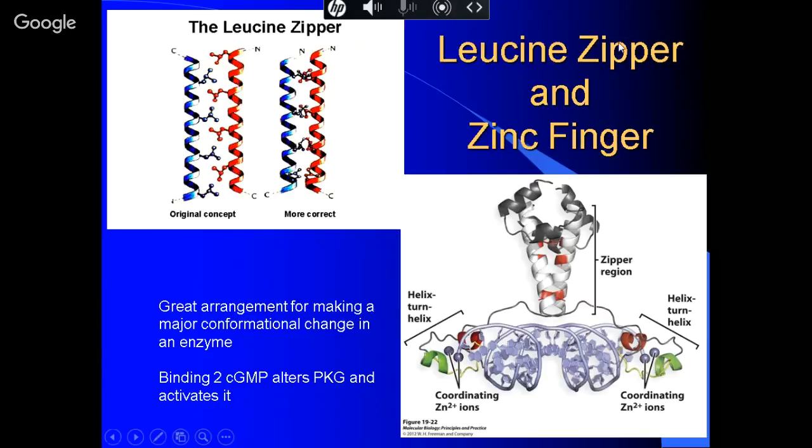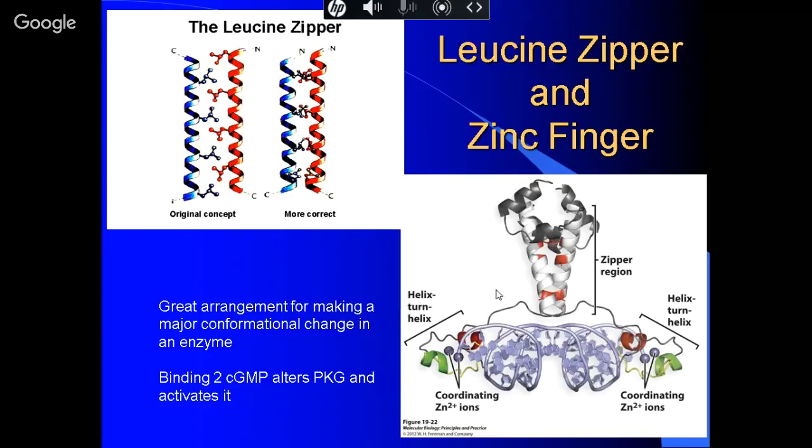So the leucine zipper and the zinc finger, which are really well shown on this picture, have the purpose of amplifying the energetics of a small signal to activate a process which requires a fairly large activation energy in order for it to occur.